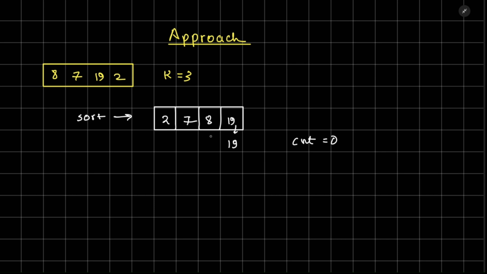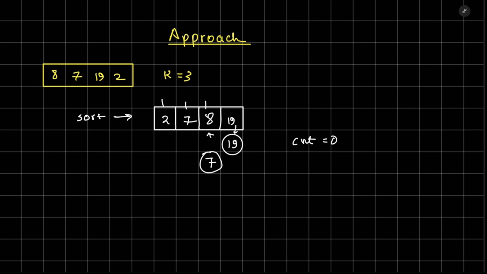Now we choose the next greatest element, that is 8. Prior to this, we have selected 19, so we add this element but subtract 1 from it, making it 7. This is because when we selected 19, all the other elements must have been decreased by 1.